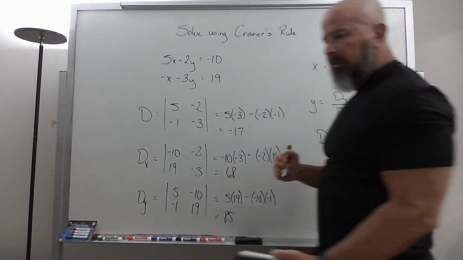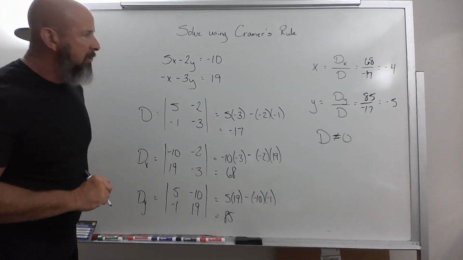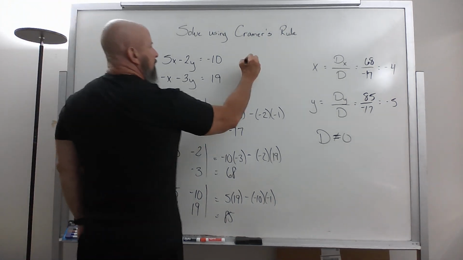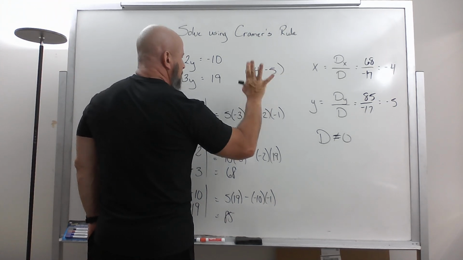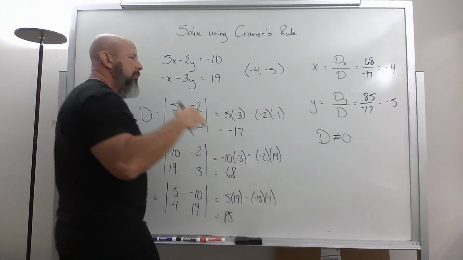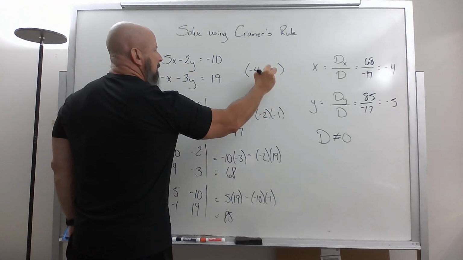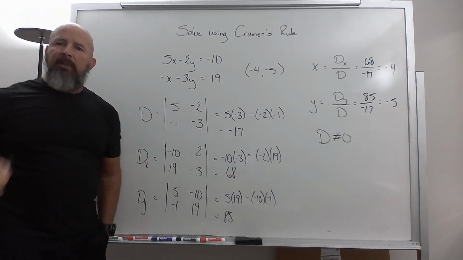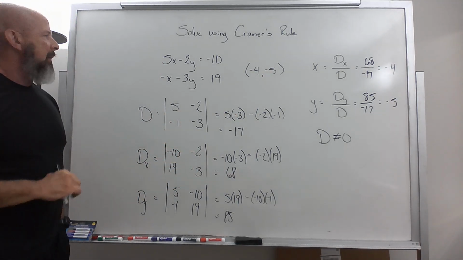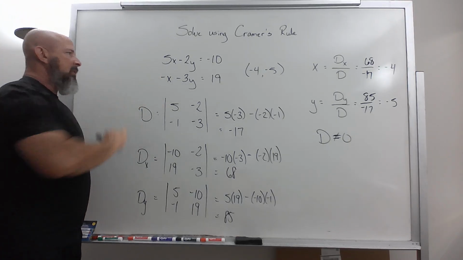So the solution to my system of equations, this two equation, two unknown system, is the ordered pair negative 4, negative 5, or we could say x equals negative 4, y equals negative 5. Typically, we'll see it written as an ordered pair, but it's also fine to say x equals negative 4, y equals negative 5. Those would be the x and y values that will solve that system.